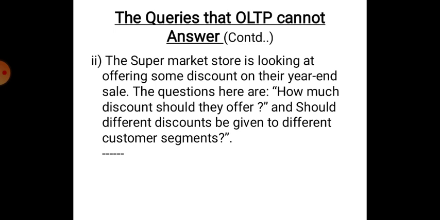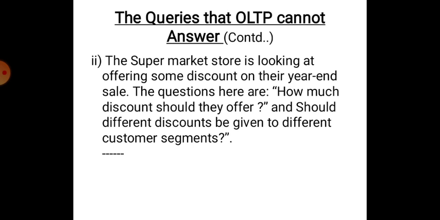Second example is: the supermarket store is looking at offering some discount on their year end sale. Students, you very well know, Big Bazaar or big supermarket stores offer some discount at the end of the financial year, or on Gudi Padwa days or start of the new year, they give some discount.